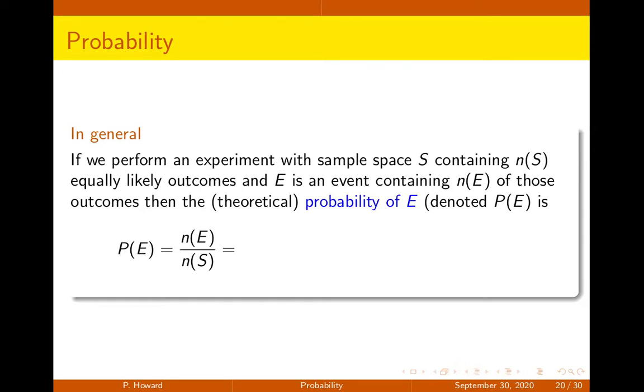In general, if we do an experiment like rolling a die with a sample space capital S, and if we know the number of elements in capital S, that's n of capital S, and if the outcomes are all equally likely, and if E is an event, and we know the number of things in the event E, then the probability of E, the probability that E will happen, is the number of outcomes in E divided by the total number of outcomes in the sample space.